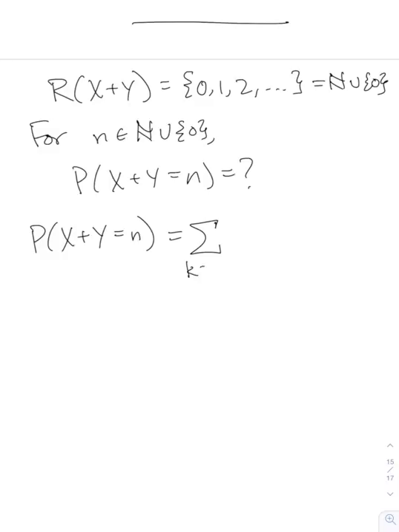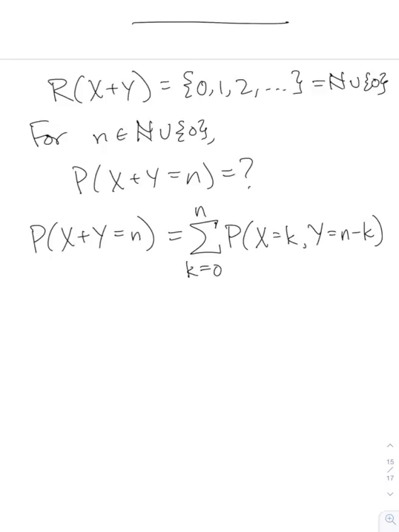Those are the possibilities. And if x is equal to k, then for the sum to be n, y has to be equal to n minus k. So I have n plus 1 disjoint possibilities, and I'm adding up those probabilities.